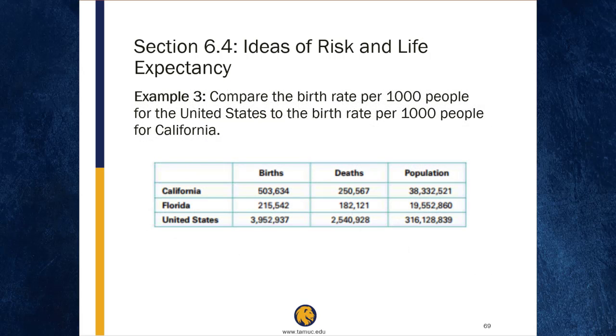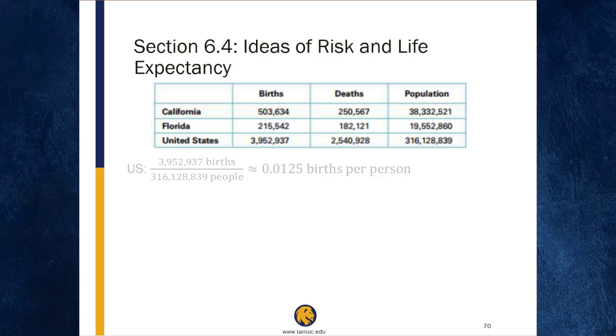Let's switch the conversation over into birth rates. We can consider much of the same process for these as well. It says compare the birth rate per 1,000 for the United States to the birth rate per 1,000 for California. For the U.S. birth rate, I take the 3,952,937 births divided by the total population of the United States, and that comes out to 0.0125, the number of births per person.